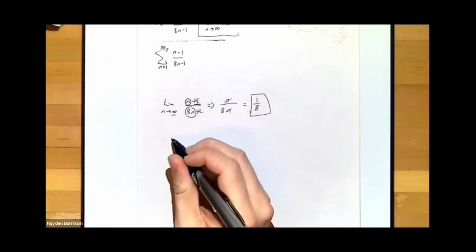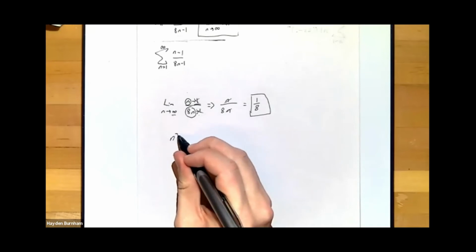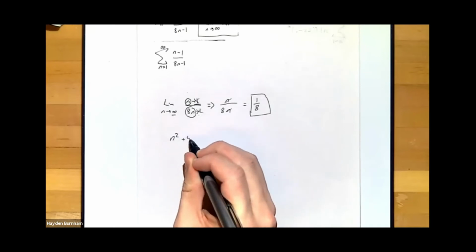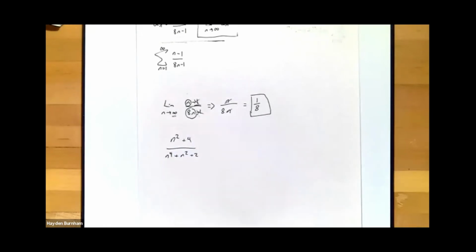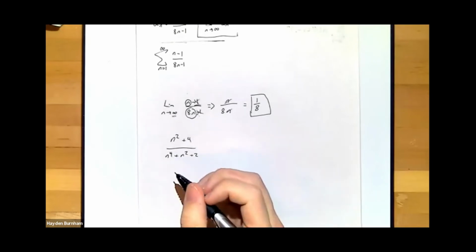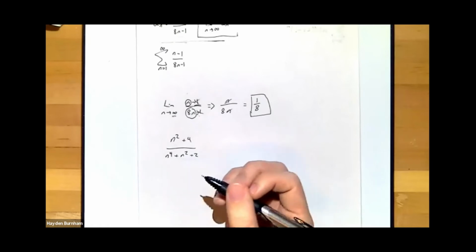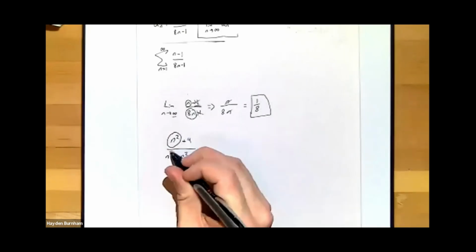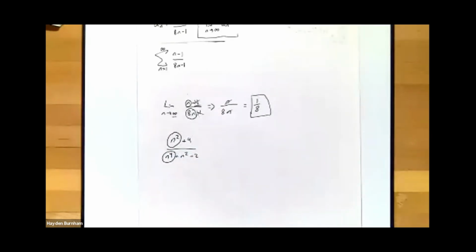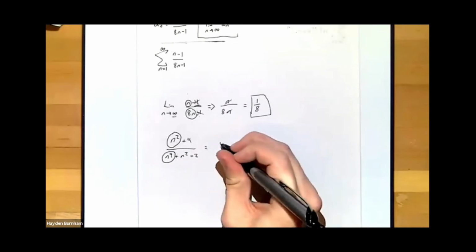A counter example is if you had n squared plus 4 over n to the 4th plus n squared plus 2. If you were given this, you would just look at the highest power on the bottom, and then you would ignore everything else.